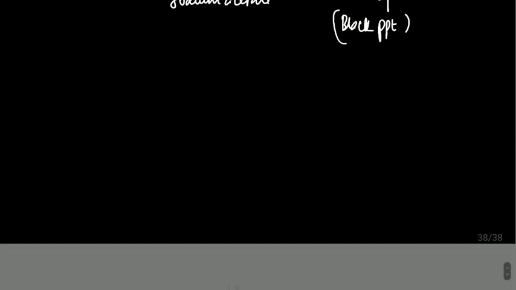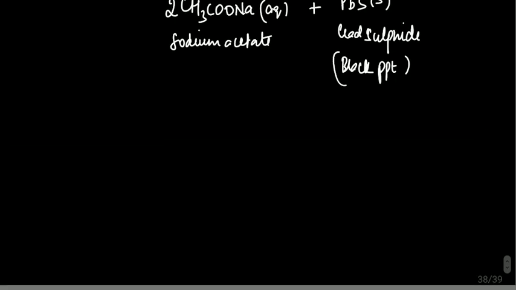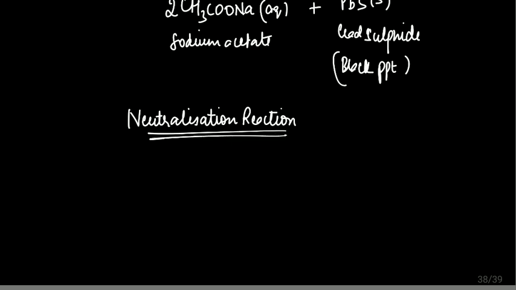Now we move to the second type of double displacement reaction, that is the neutralization reaction. From the term itself, something is getting neutralized. So we have our acid reacting with a base to form salt and water.